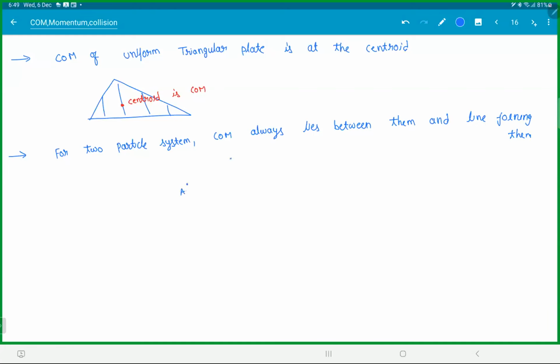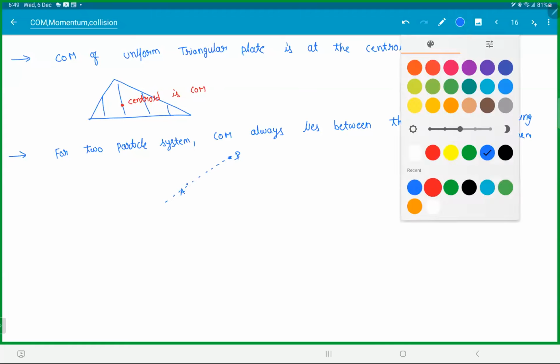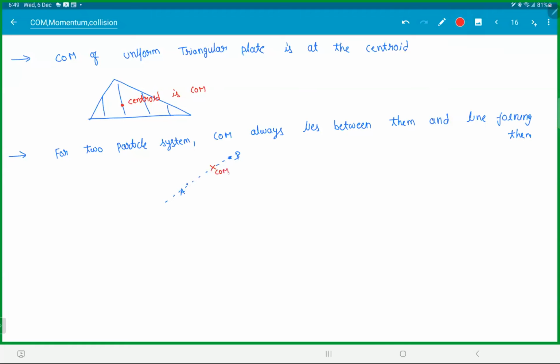So if you take two particles A and B, you can be sure no matter what the mass is, center of mass should definitely lie on the line in between them.